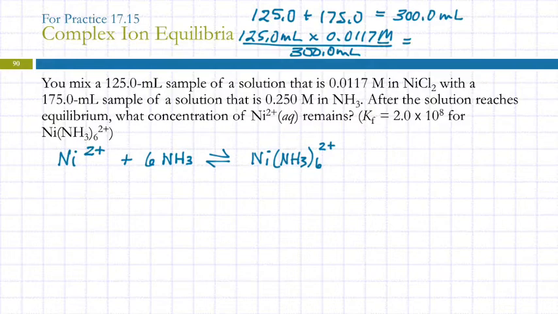And that'll give us the new concentration. So that's for the nickel. Does that make sense? Or is that putting too many things together?